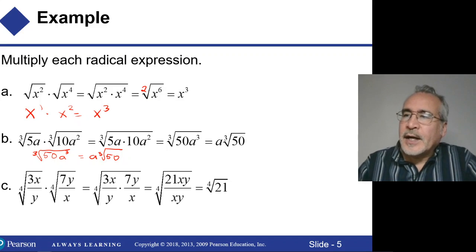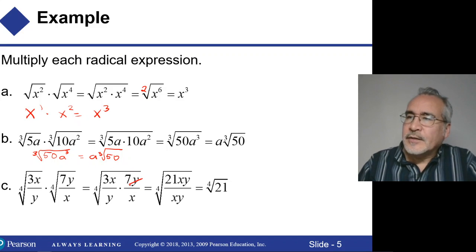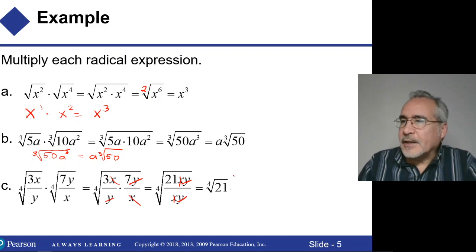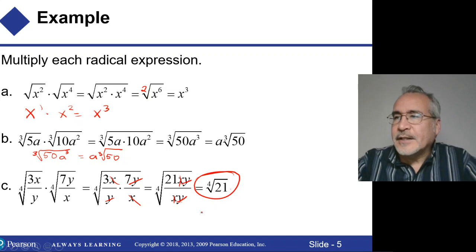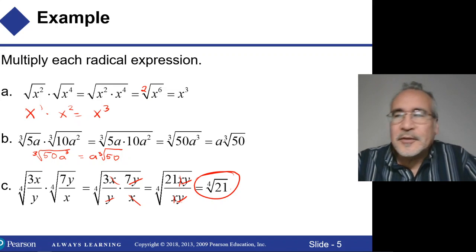Y divided by y, right? So they're canceling out. Maybe they do it over here. I would have done it here. But notice that canceled, that canceled. You get fourth root of 21. I would just go ahead and do it here. 3 times 7, I would have gone right there. Saved a step. It's up to you. Okay.